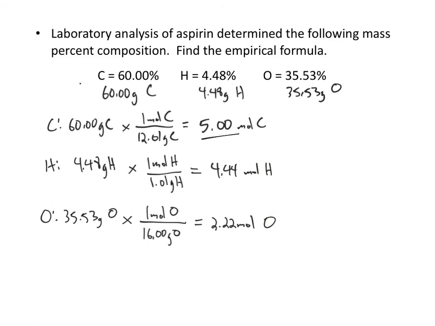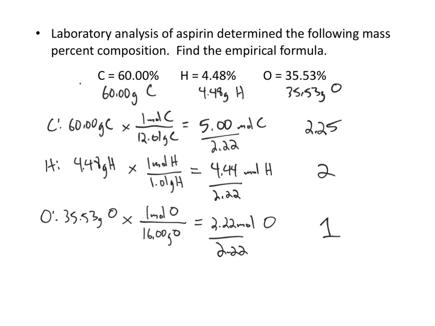So divide by 2.22 for each element. I end up with 1 oxygen. For the hydrogens, 4.44 divided by 2.22, for every 1 oxygen, this means I have 2 hydrogens. And when I do the same thing for carbon, I get 2.25.